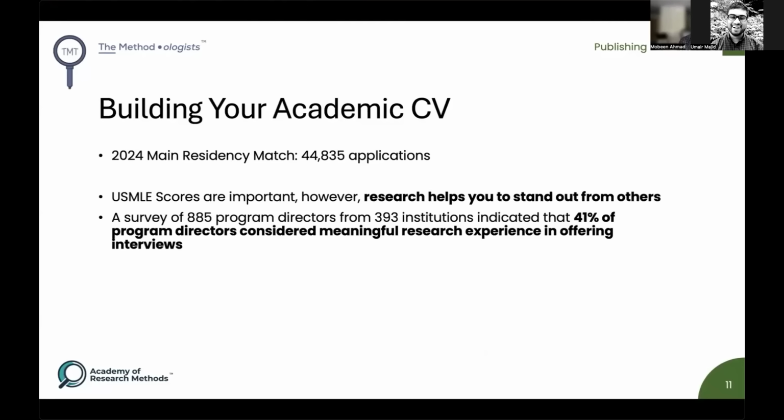There's a lot of focus on Step 2 CK, and not everyone is able to give Step 3 before coming to the United States. A survey of 885 program directors from 393 institutions actually found almost half of them, 41%, looked at people's research background before offering any interviews. And I think this is extremely important and highlights again the importance of research as a way to help yourself stand out from the rest of the competition.